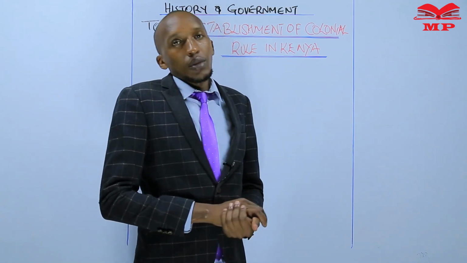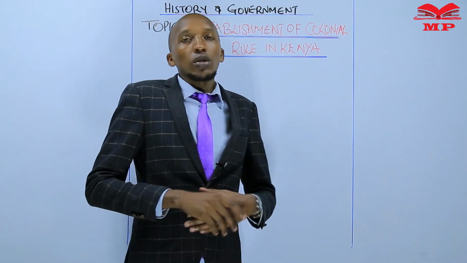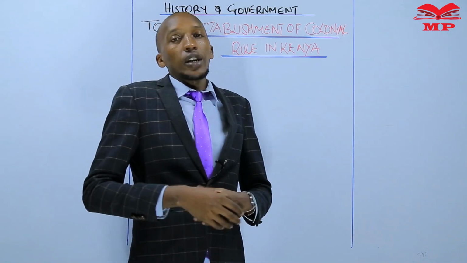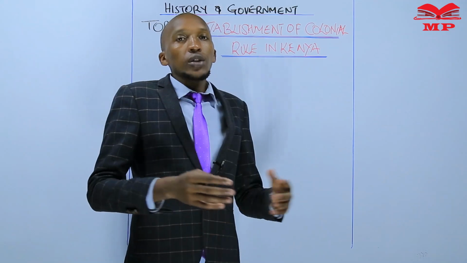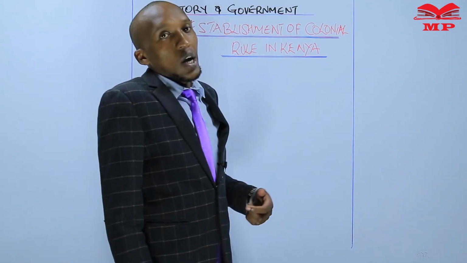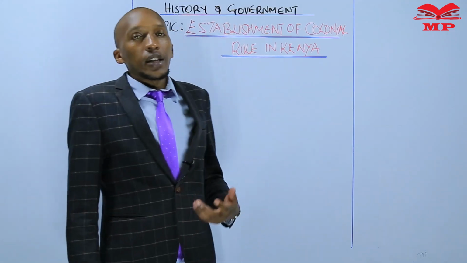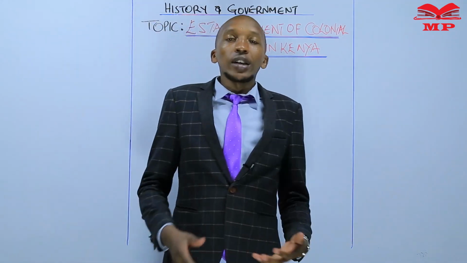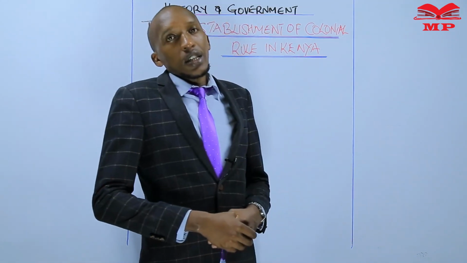I hope you are able to remember. We said it is the Imperial British East African Company, and we studied how it established the control, how it started getting areas and investing in the Kenyan territory.